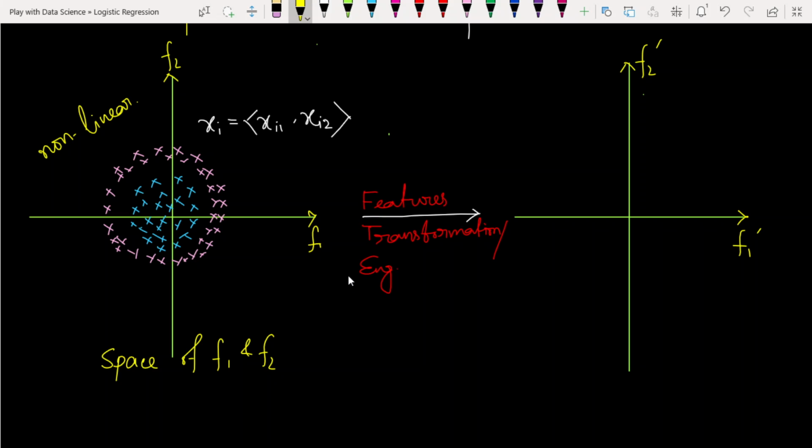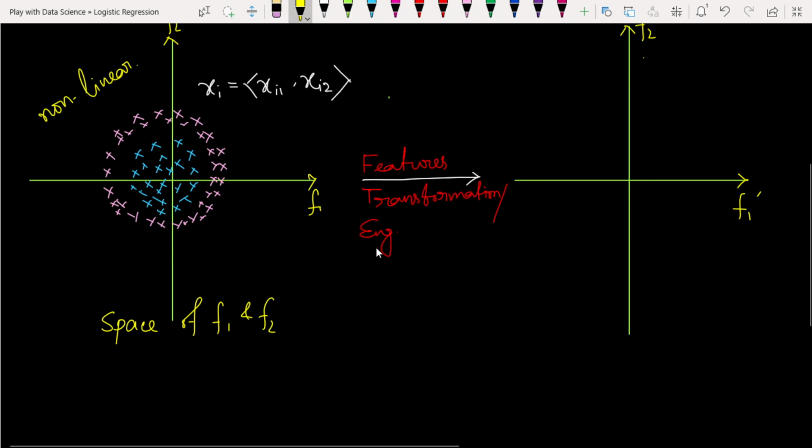But using feature transformation, we transform these features in such a way that the data sets are linearly separable in the space of f1 dash and f2 dash.